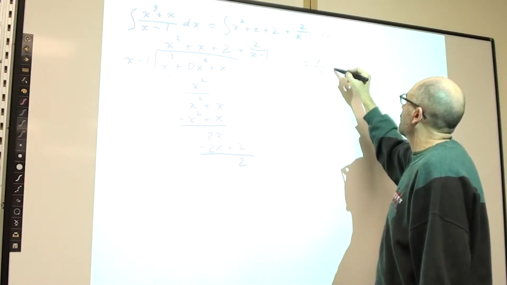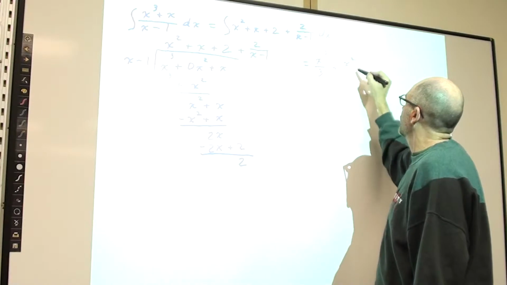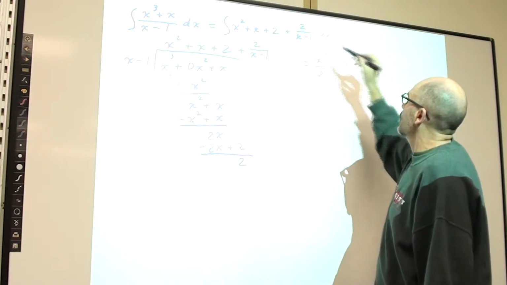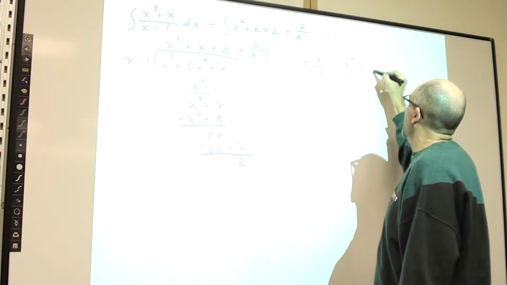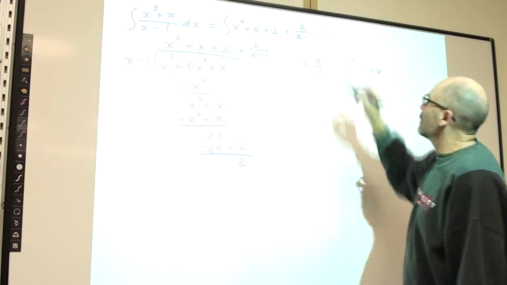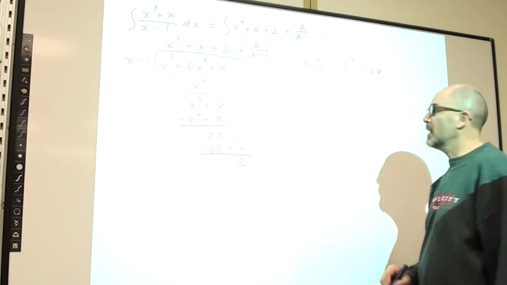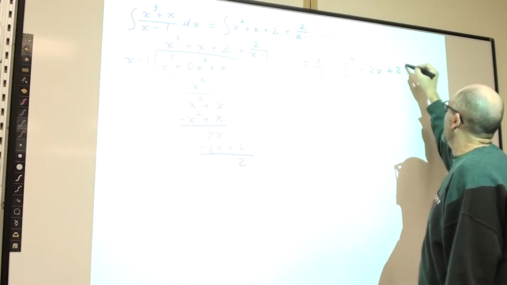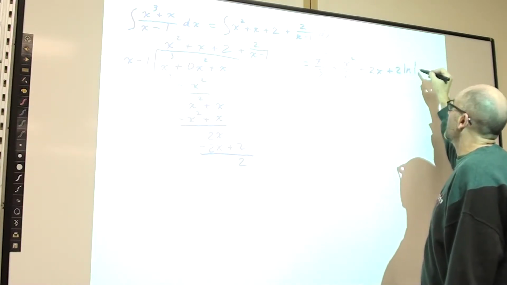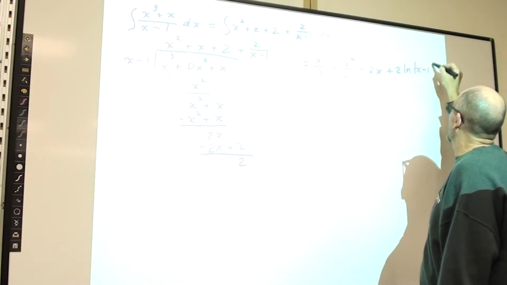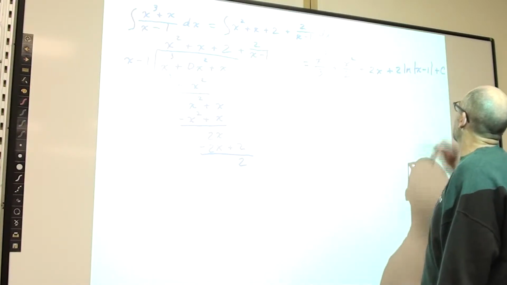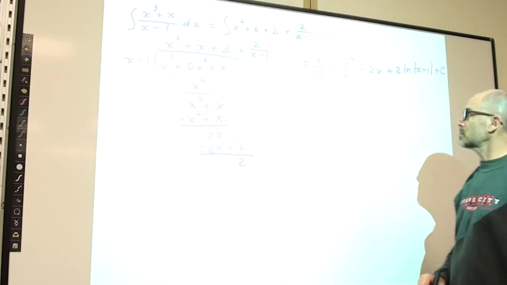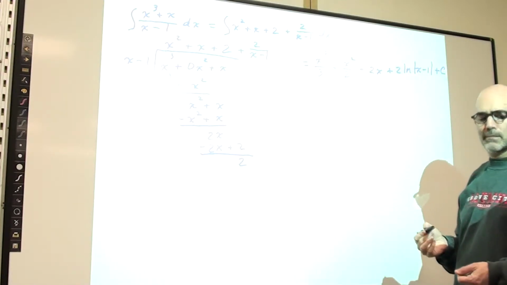Integrate your x, and that's going to be x squared over 2. Integrate your 2, and that's going to be 2x. And integrate your 2 over x minus 1, and that's going to be 2 times natural log of the absolute value of x minus 1 plus c, of course. That's it, game over.